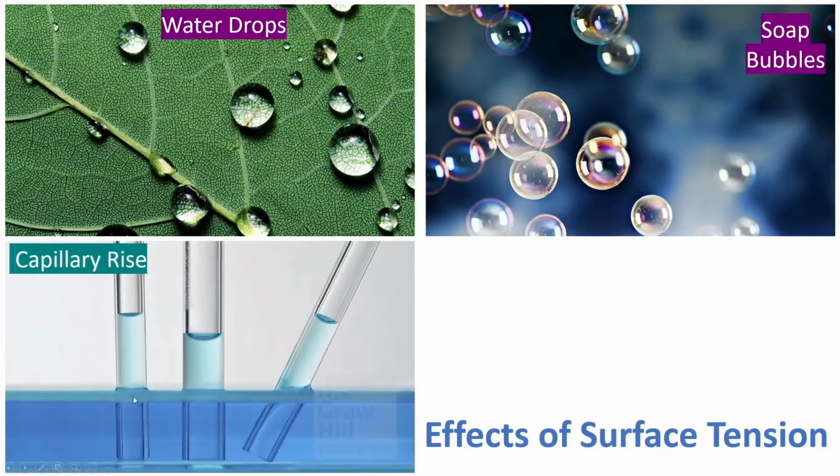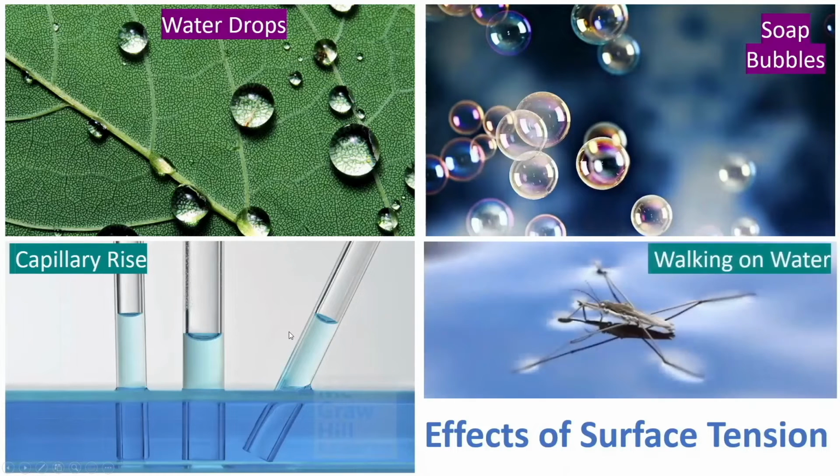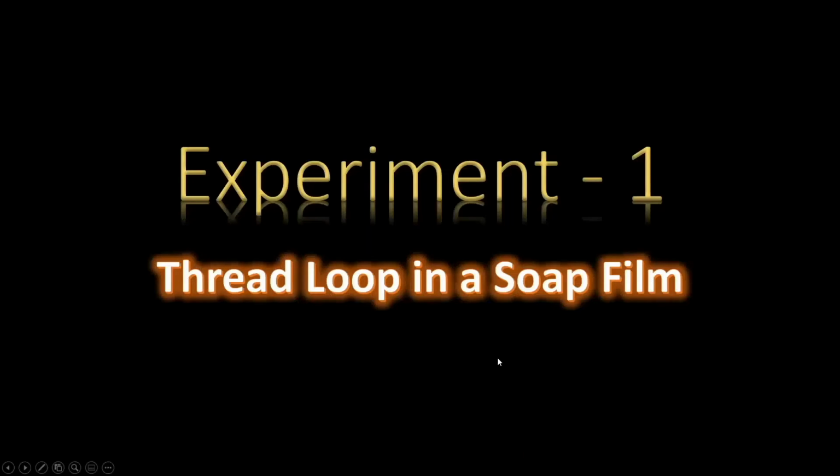Also, you would have seen that if you put a capillary in a pool of water, liquid rises in the capillary. And there are some objects which can float on water. There are some insects which can walk on water, like the water strider. So all these things happen in nature due to this surface tension. We'll try to understand it with the help of some experiments.